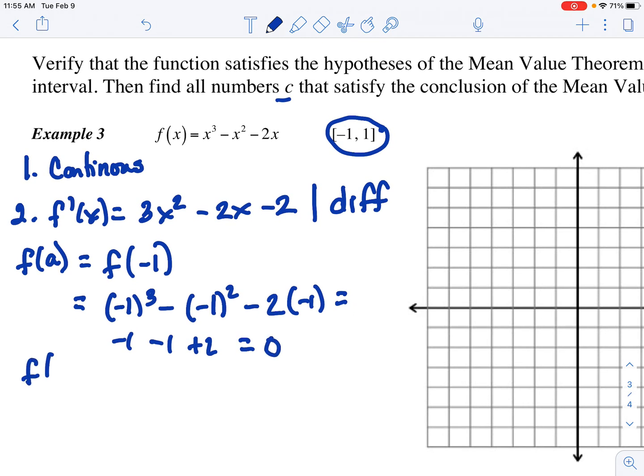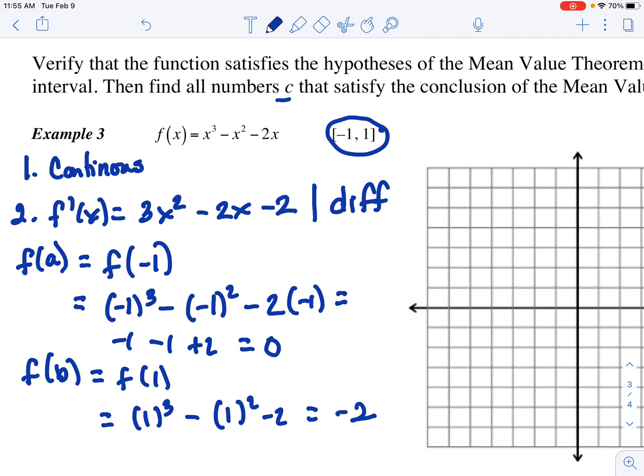Okay. f of b equals f of 1, which is 1 cubed minus 1 squared minus 2, and that is -2.